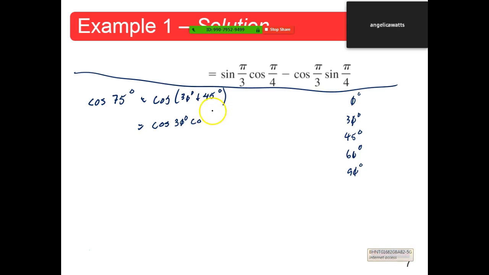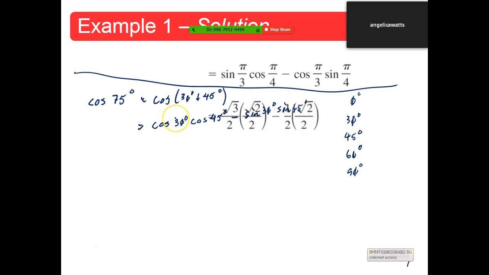So this is cosine 30 times cosine 45 degrees. But for cosine, the sum here gives you a difference there. So that's going to be minus sine 30 degrees times sine 45 degrees.